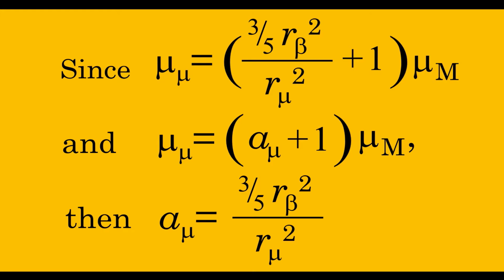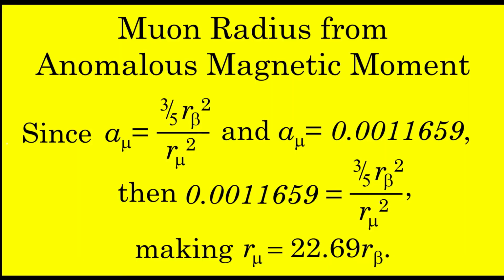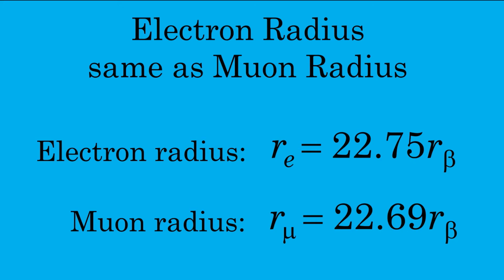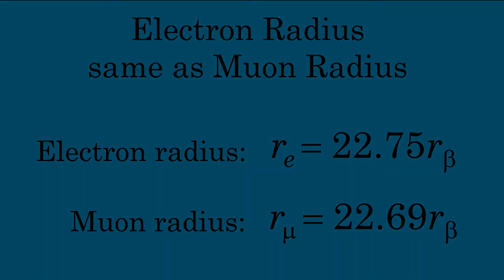Therefore, since 2/3 q sub beta r sub mu squared f sub mu is the muon magneton, the muon anomalous magnetic moment A sub mu becomes A sub mu equals 0.0011659, which equals 3/5 r sub beta squared over r sub mu squared, or r sub mu equals 22.69 r sub beta. The muon radius is essentially the same as the electron radius of 22.75 r sub beta. The muon is just a heavier, denser version of the electron.